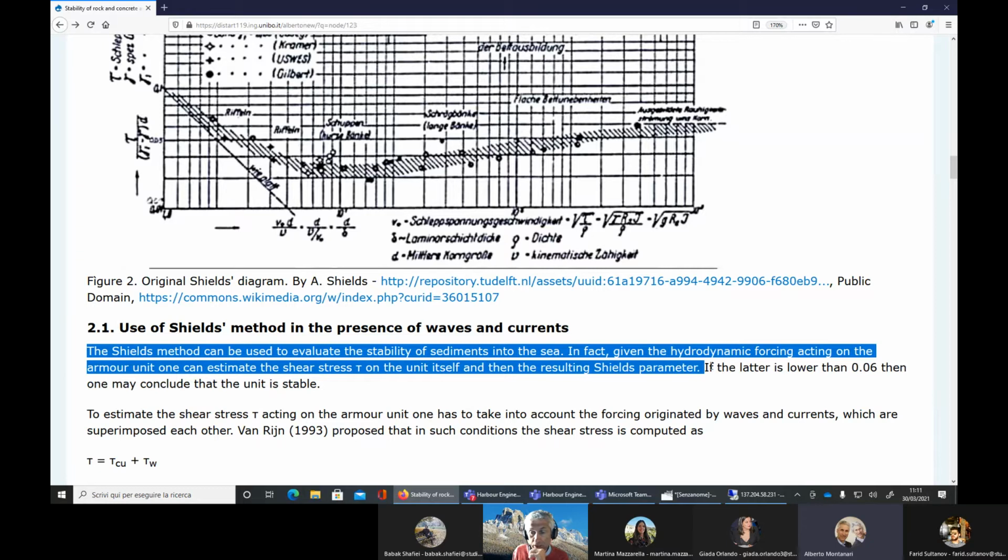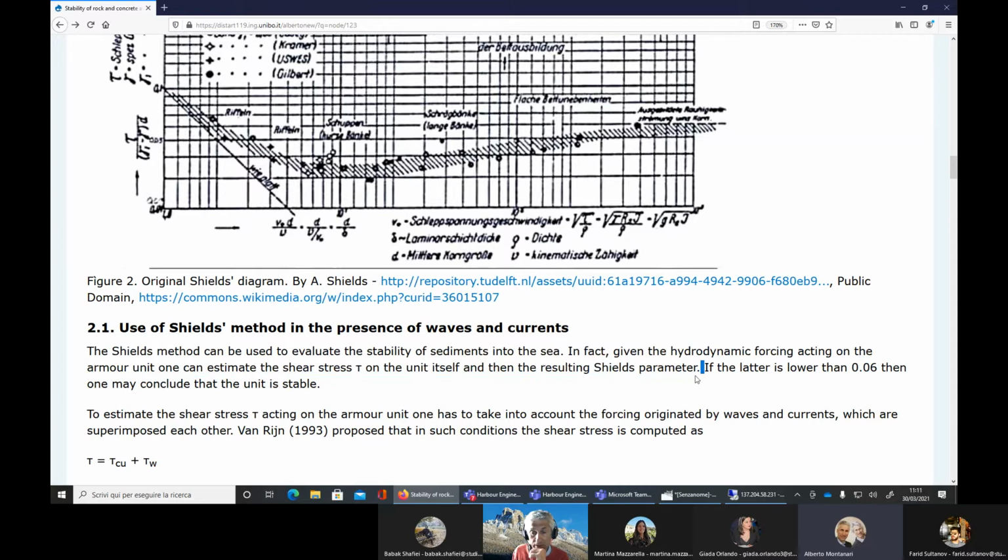If the latter is lower than 0.06, then one may conclude that the unit is stable. And this is what we want to do. So now we have only a final step: to compute the shear stress tau originated by waves on the side of a groin.